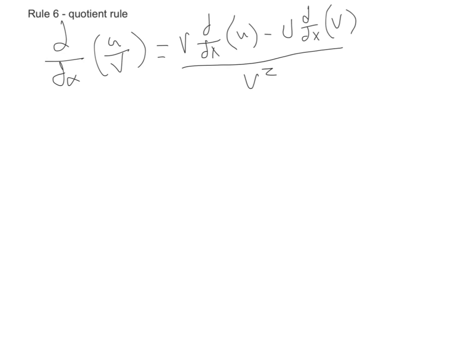I personally haven't memorized Lodi high minus Heidi low all over low squared. I remember the denominator times the derivative of the numerator minus the numerator times the derivative of the denominator all over the denominator squared.